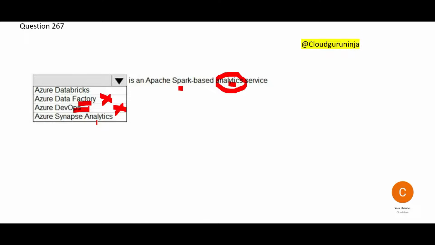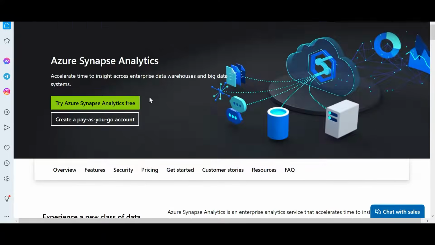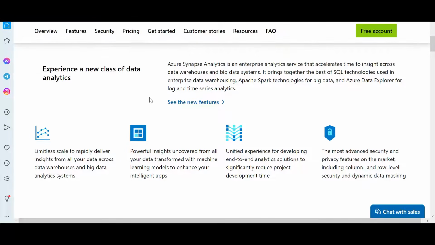Now, you might say, what about Synapse Analytics? See, if you have to create a data warehouse and big data systems, you use Synapse. If you want to create such warehouse kind of stuff, it is purely based on SQL technologies.